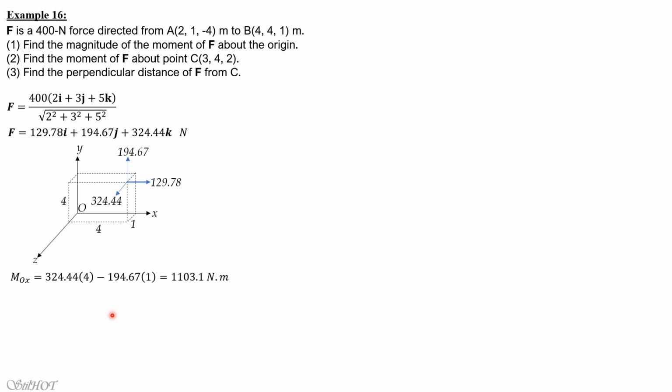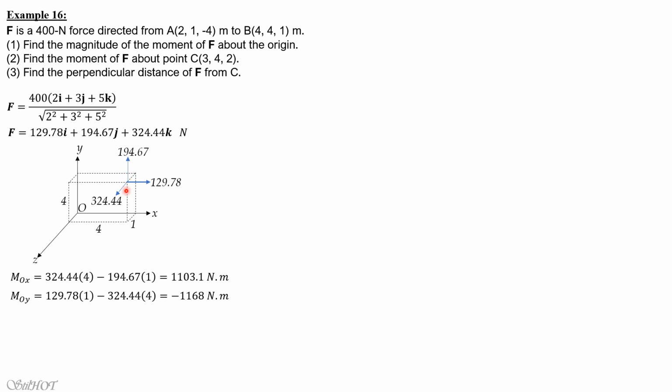MOY: right thumb rule, right thumb towards the positive y-axis. The moment of this x component is positive, 129.78 times 1, while the moment of 324 is negative, so minus 324.44 times 4. So MOY is 129.78 times 1 minus 324.44 times 4, which is negative 1168 Newton meter. Then finally, the moment about Z. The positive sense is right thumb towards the positive Z axis.